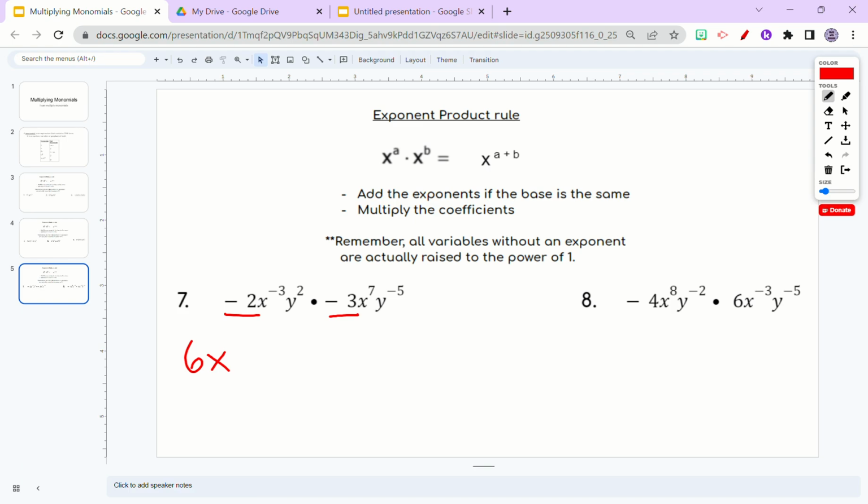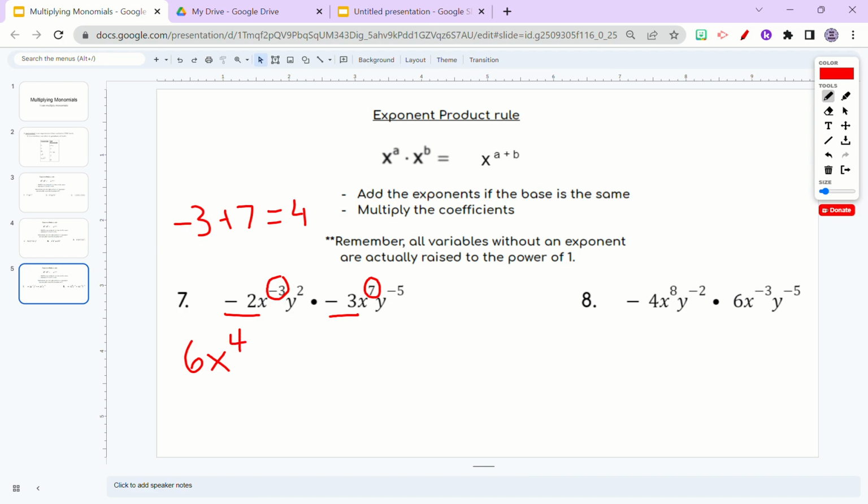And now you are going to follow the rule of adding, right? Negative 3 plus 7. Make sure you follow your integer rules. Negative 3 plus 7 is positive 4. Right? So we're going to raise this now to positive 4.